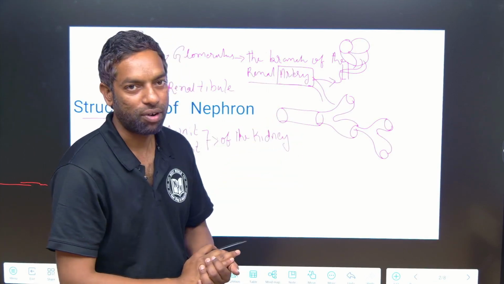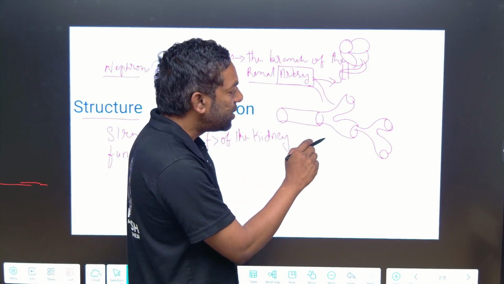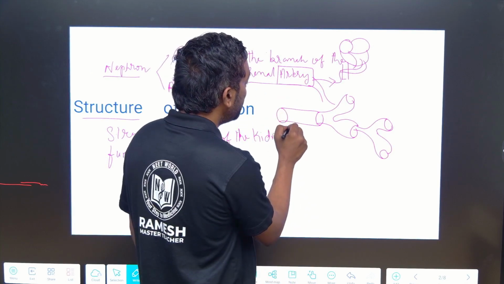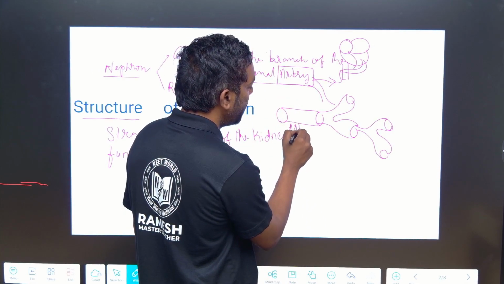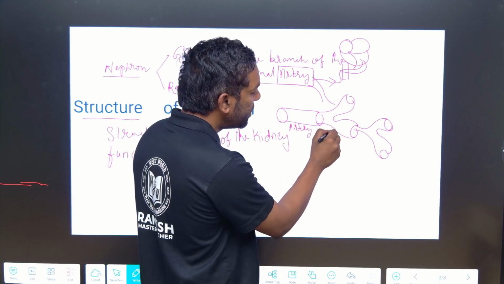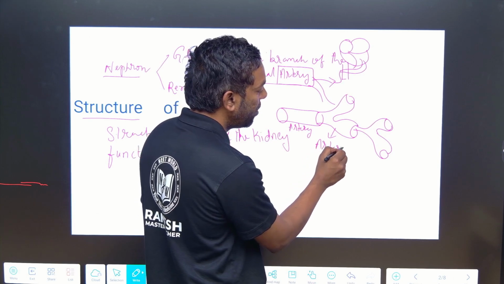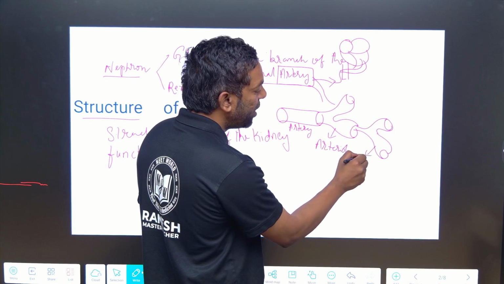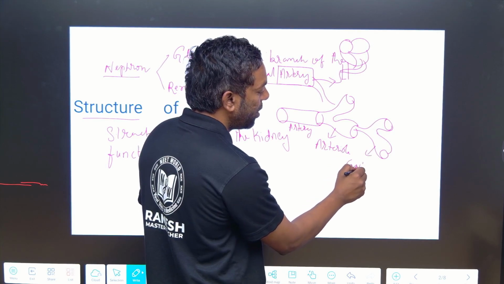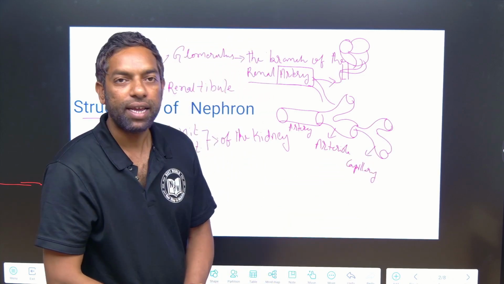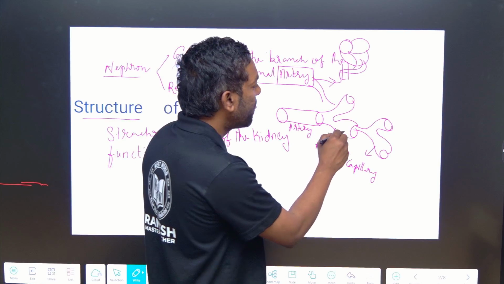What is glomerulus? Glomerulus is the capillary network. This is the artery, this is the arteriole, this is the capillary. So, glomerulus is the capillary network.